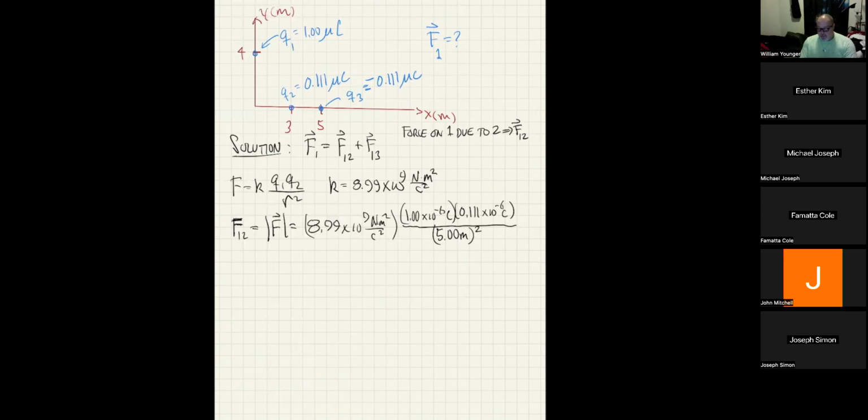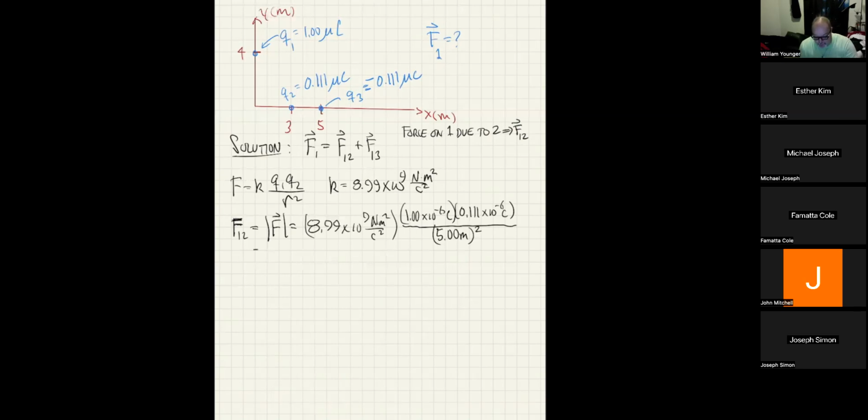Okay, so what we see is going to happen is 10 to the negative 6 times 10 to the negative 6 is going to give me 10 to the negative 12th. But then I have a times 10 to the 9th. So that'll give me 10 to the negative 3. The 0.111 will cancel out with the 8.99. And then all that's left is 1 times 10 to the negative 3rd over 25.